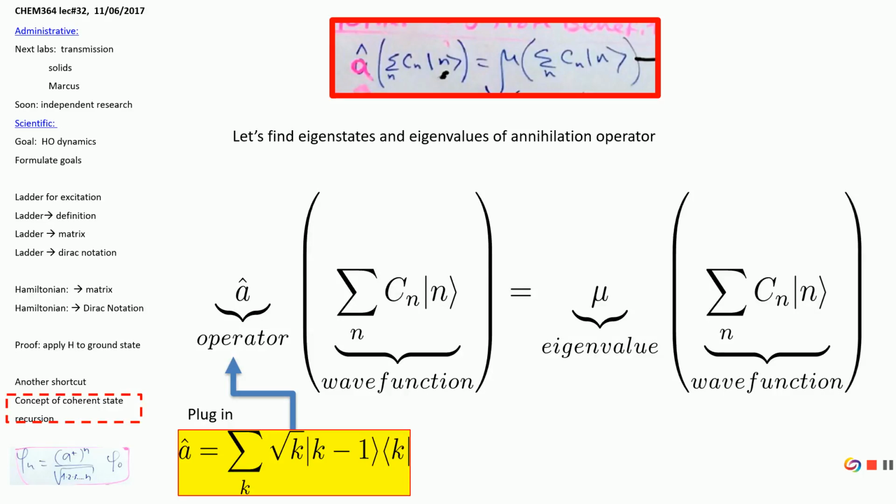Okay, so last time we were practicing things related to the harmonic oscillator in the matrix form. We do have the creation and annihilation operators, and we do have the Hamiltonian.